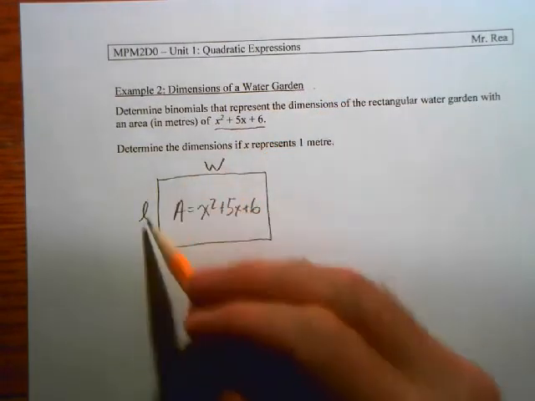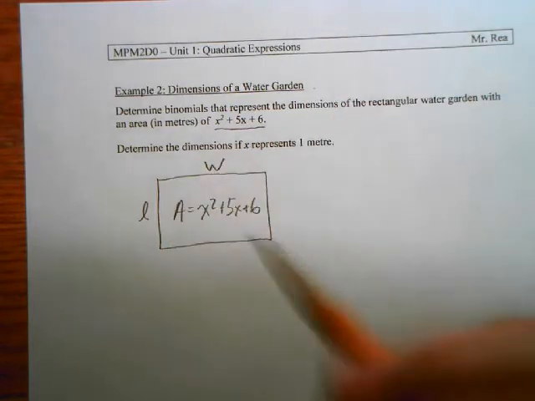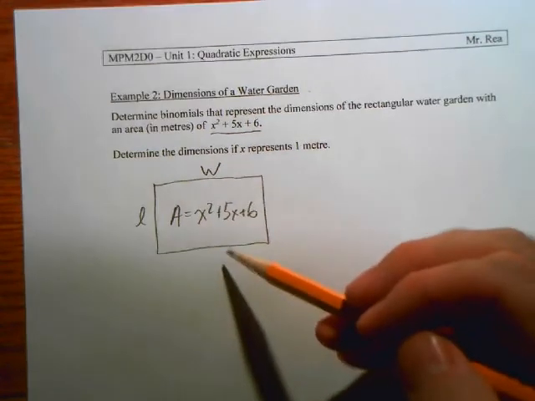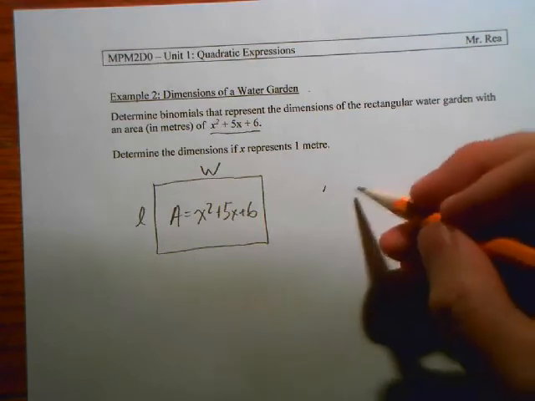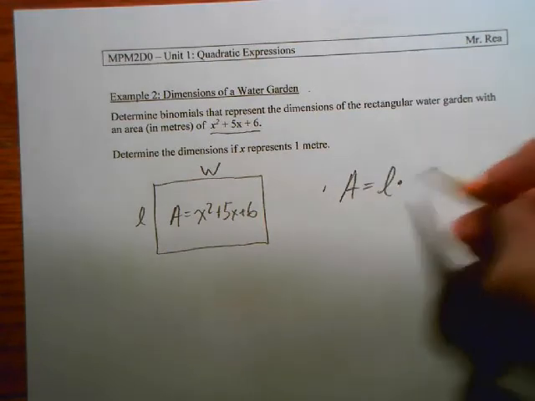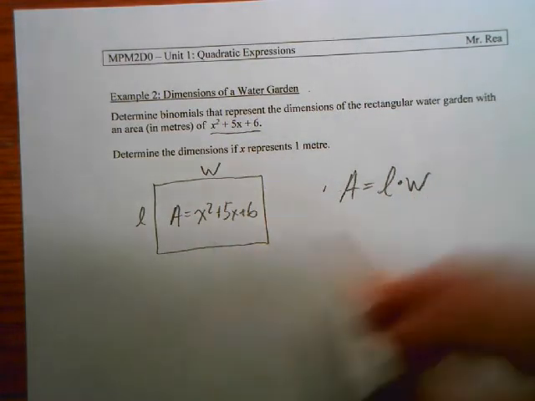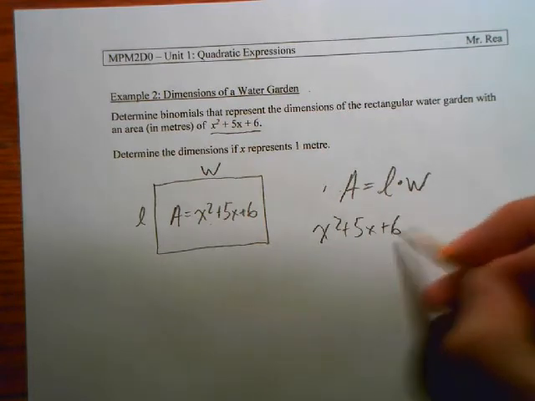I personally don't care which side you put these on, because you could always just turn the picture and it's the other way. So if you remember, area of a rectangle is length times width. So I'm just going to write this out again. Area equals length, and I'll put a dot for multiply. Now we already know the area is this. It's x squared plus 5x plus 6.